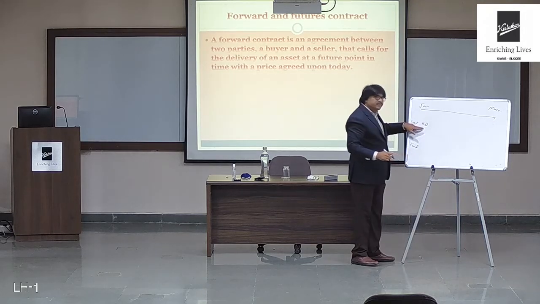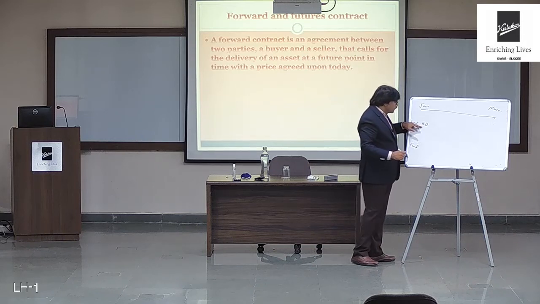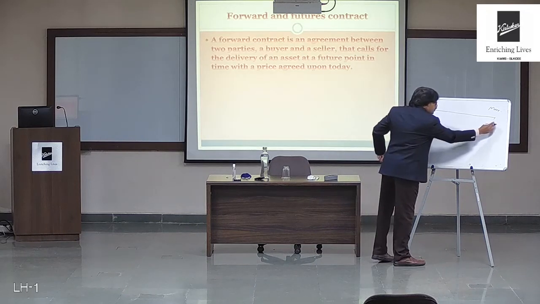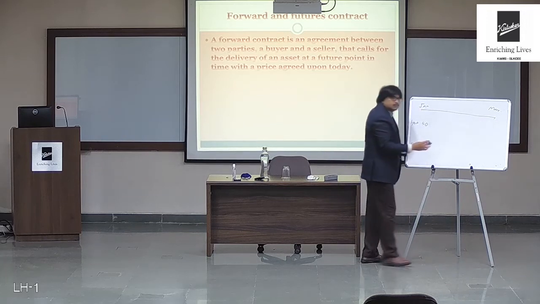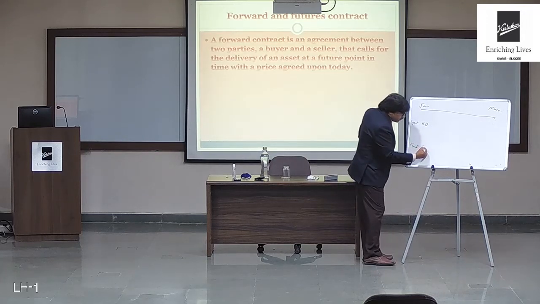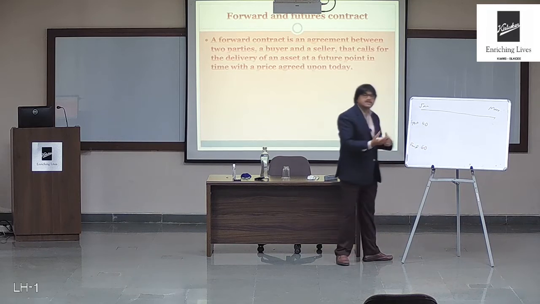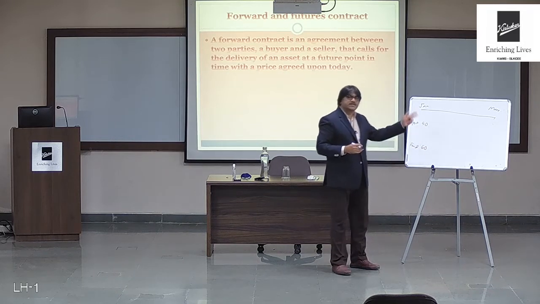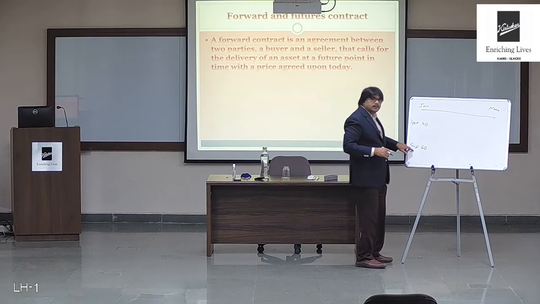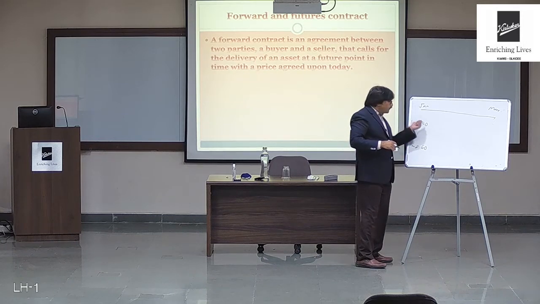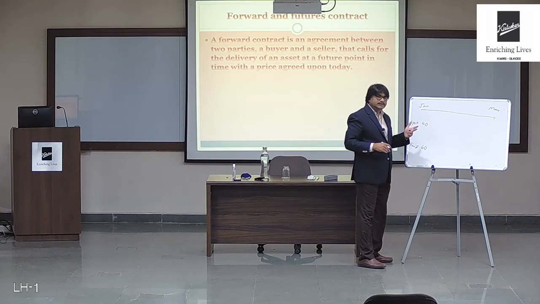So if traders in general believe that the price is going to be around 60, then today's forward contract price is going to be around 60, because that is the expectation of the forward price of the underlying asset. And that is very important.